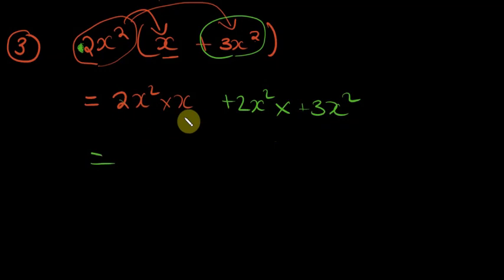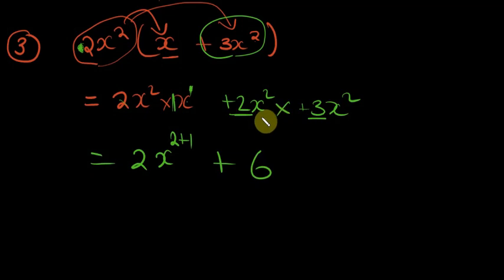Alright. 2 multiplied by an invisible 1 there, that becomes 2x squared multiplied by x. So there's a 1 there. This is to the degree 1. So this becomes x to the power 2 plus 1, plus 2 multiplied by 3, that is 6. x squared multiplied by x squared, that is x to the power 2 plus 2.